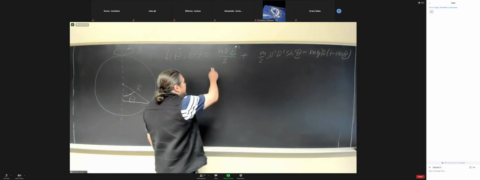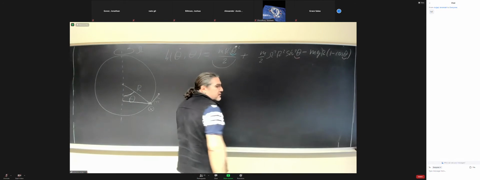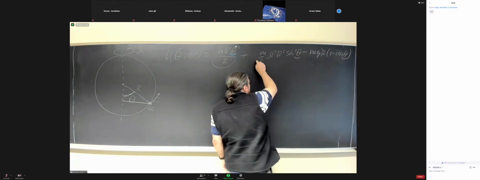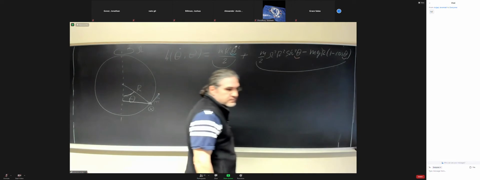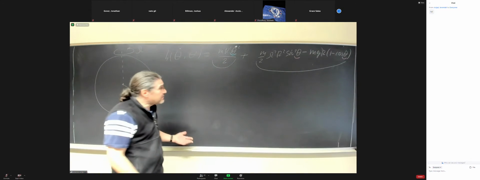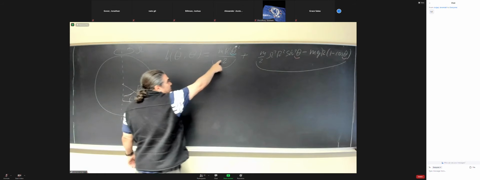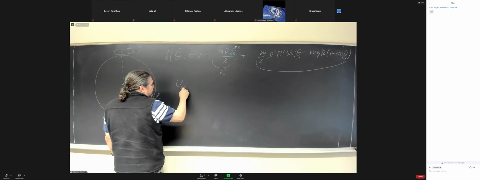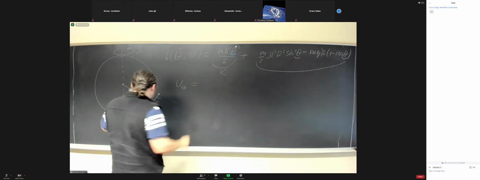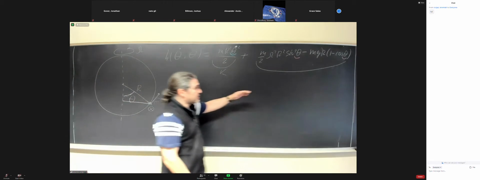That this is my kinetic energy, and this is my effective potential energy with a minus. If I had a problem like that, where kinetic energy is just this term, and my effective potential energy, I will call it. It's not the real potential energy. The real potential energy is just this one.